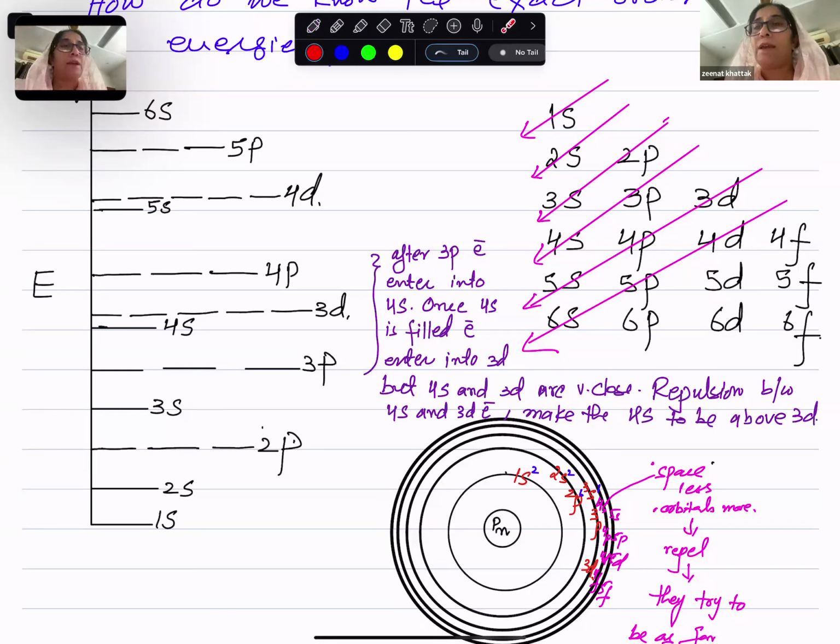Look, first electron enters here, then electron will enter here. Then there is repulsion between these electrons, and the repulsion makes the 4s go above 3d.